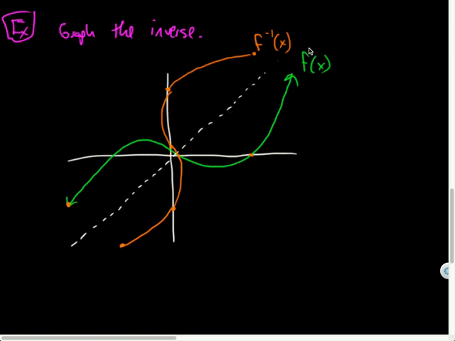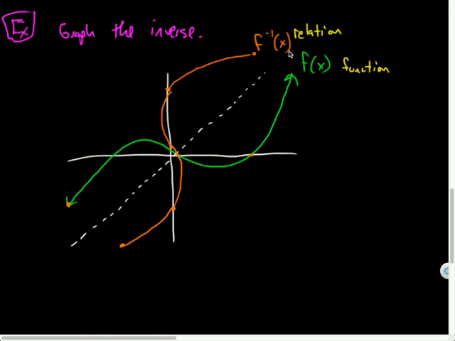When it's not a function, it's just called a relation. It's a relationship between x's and y's, where this one is a function because it passed the vertical line test. Relations have fewer stipulations or rules than functions, where functions have to have exactly one output for every input.